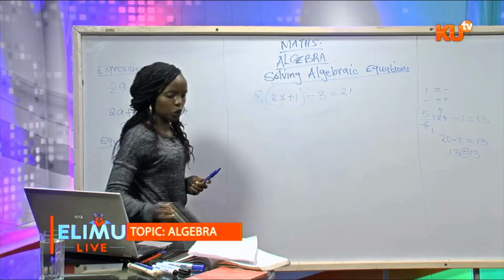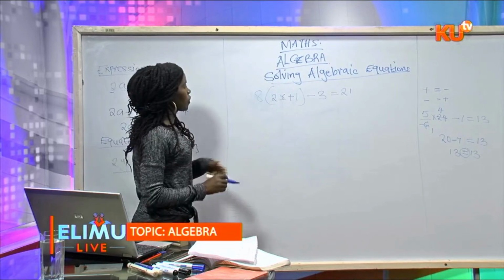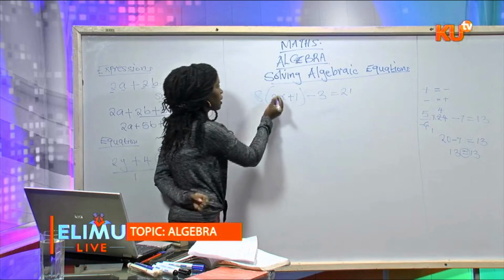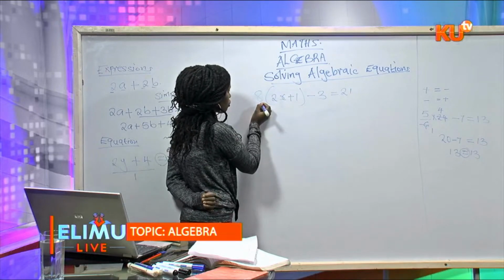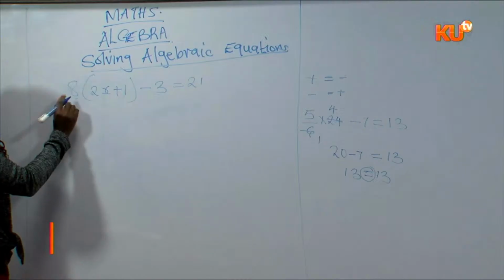In such a situation, you're supposed to open up the bracket first. So this is a bracket, and I'm supposed to multiply by 8. So what is inside the bracket, multiply by 8.